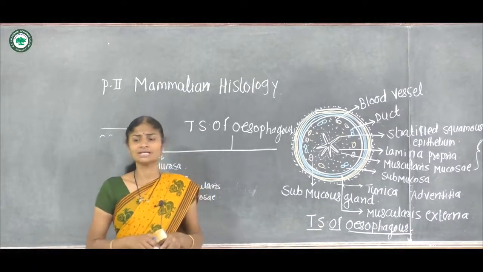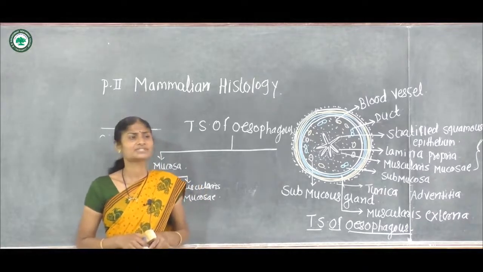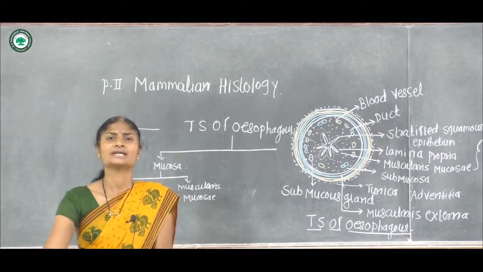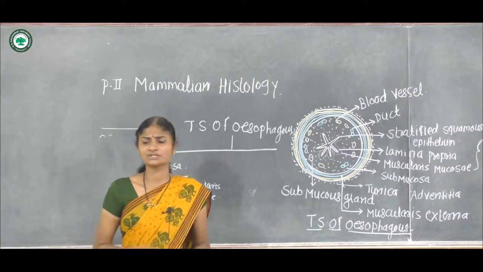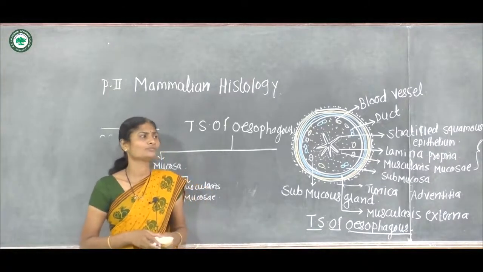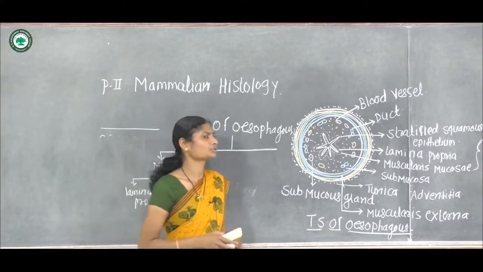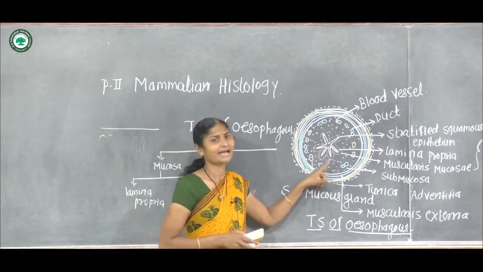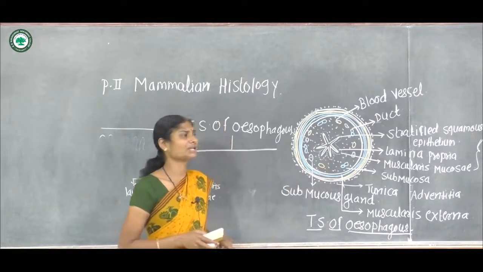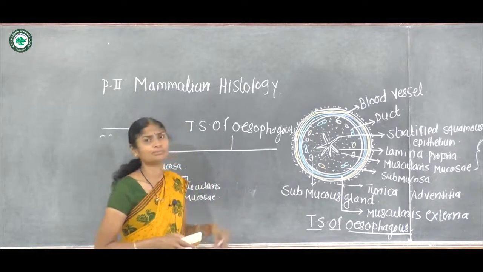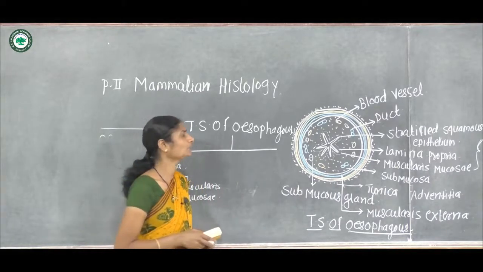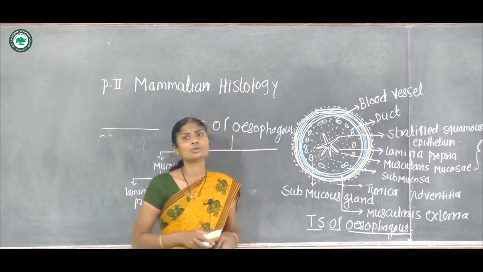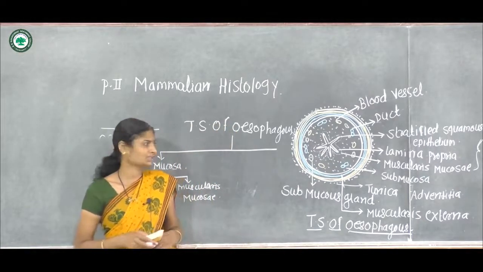These submucosal glands secrete mucus, and this mucus helps the easy passage of swallowed food material towards the stomach region.